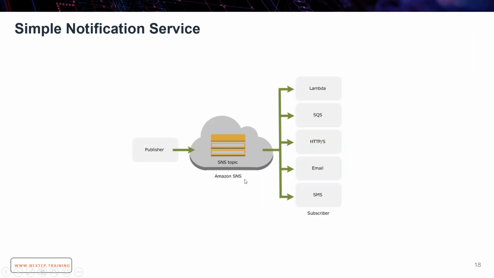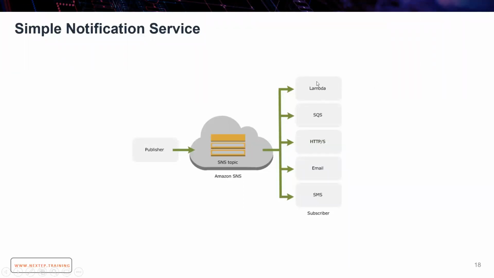There is an SNS topic. This is your typical pub-sub model in messaging architectures. There is a concept of a topic here, and you can add multiple subscribers to it, a piece of code listening to the events on this particular topic and acting on it.